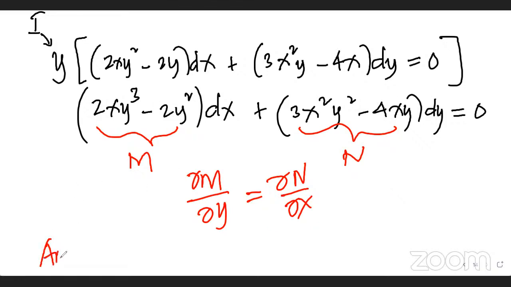Gamitin niyo na yung short method, guys, ha. Your answer should be x squared y cubed minus 2xy squared equal to c.